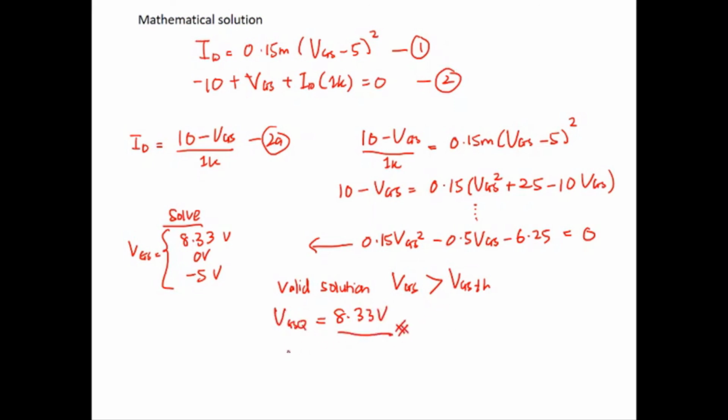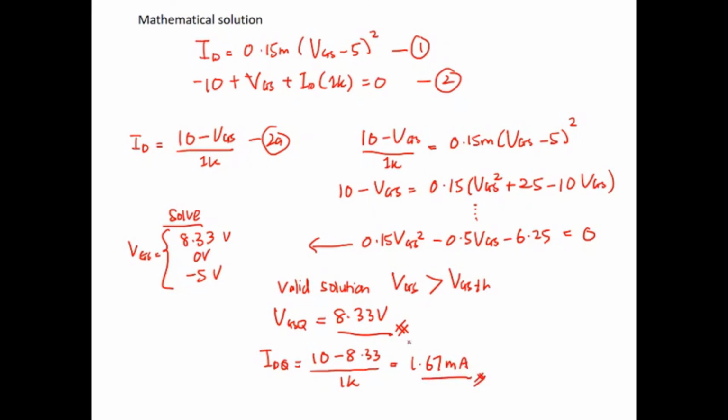When you know the VGSQ, you can calculate IDQ equal to (10 minus 8.33) over 1K. You will get 1.67 milliampere. So this is the exact analysis using the mathematical method.